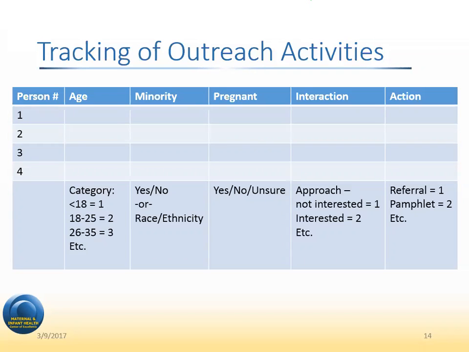The other important part of this kind of form is, if you're in a place where you didn't have much interaction with people, for example, you're out in the streets but had to end early because the weather got bad, or you were doing some great outreach but the fire alarm went off.